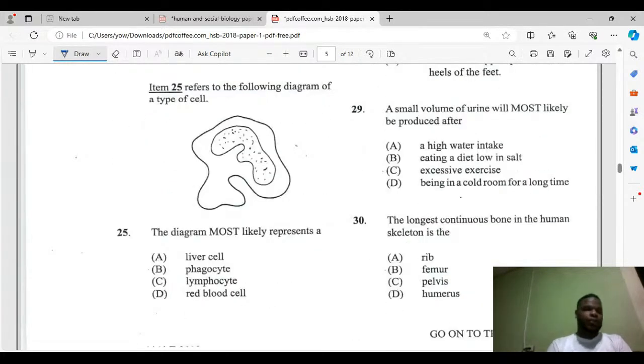25. All right. The diagram represents what? All of the people from paper 2. Let's go. 25. Well on there.